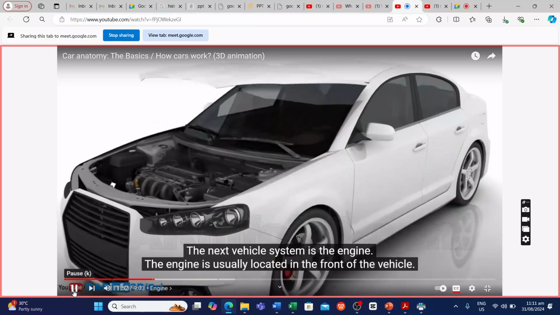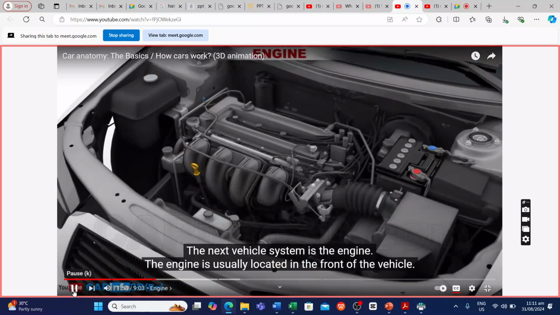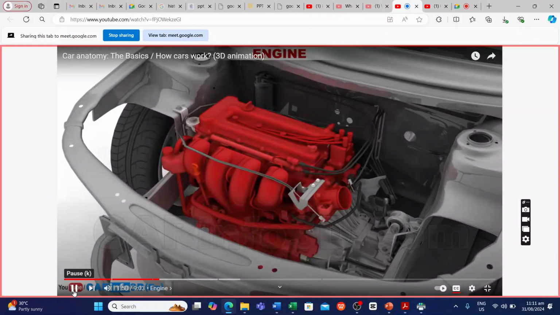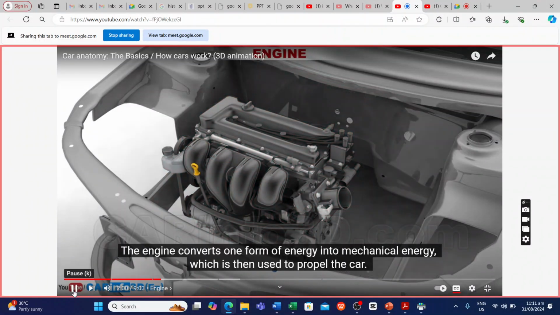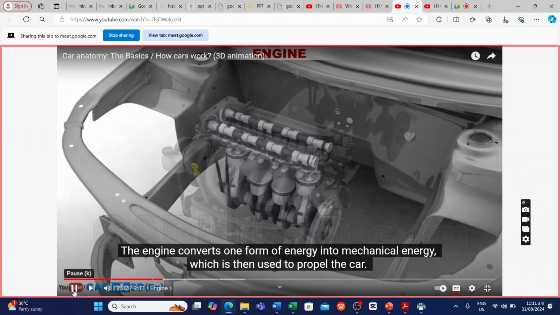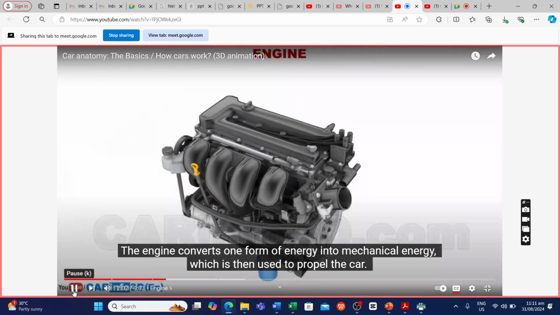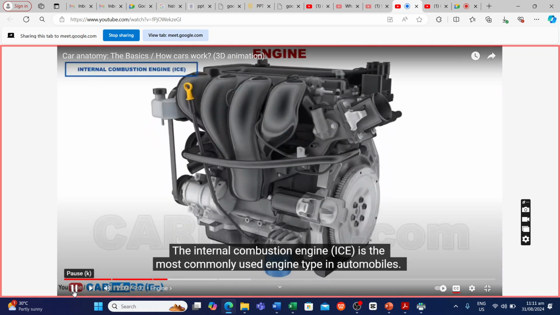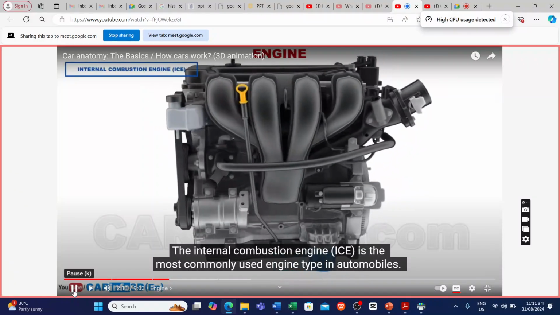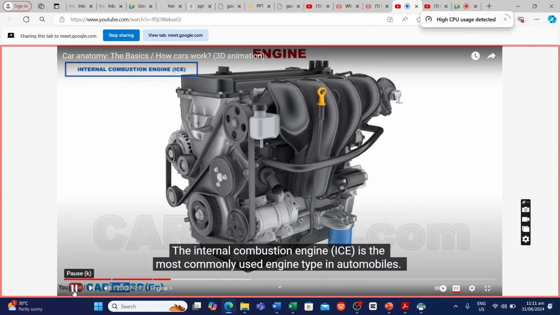The next vehicle system is the engine. The engine is usually located in the front of the vehicle. The engine converts one form of energy into mechanical energy, which is then used to propel the car. The internal combustion engine, ICE, is the most commonly used engine type in automobiles.